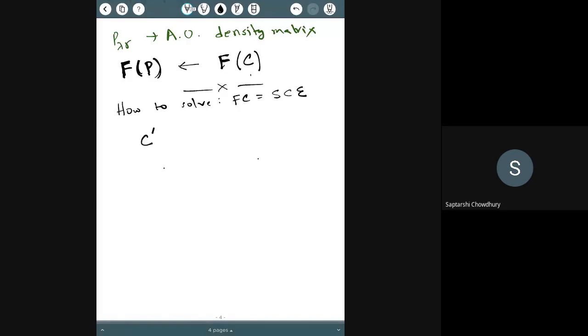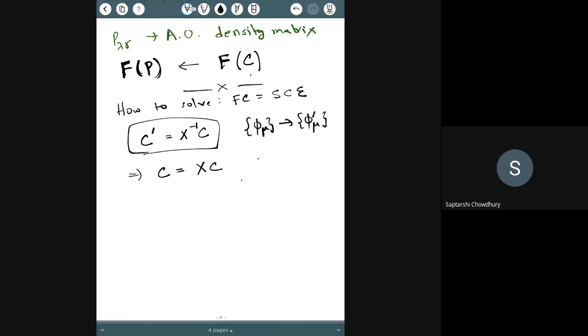We have gone from phi mu to a set phi mu prime such that my coefficients are related by this relation, which means that my original C is X C prime.